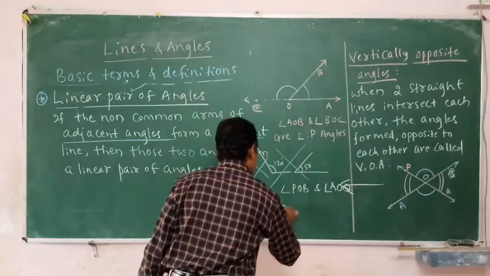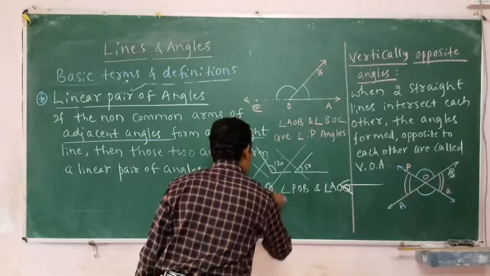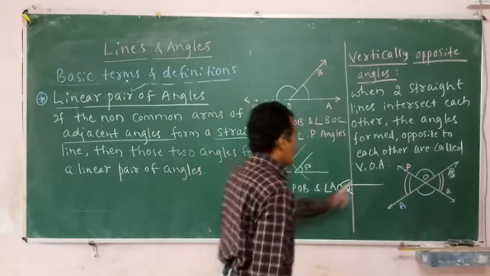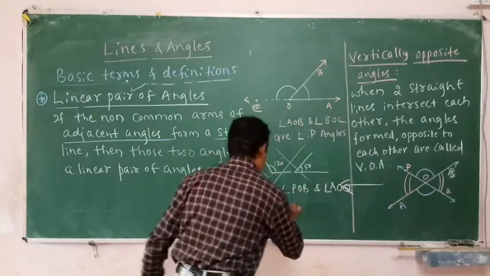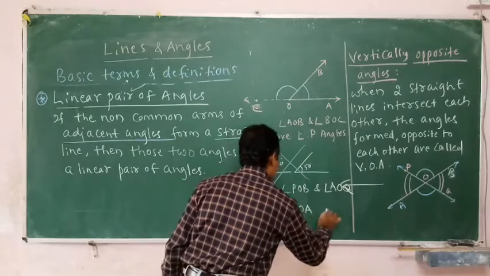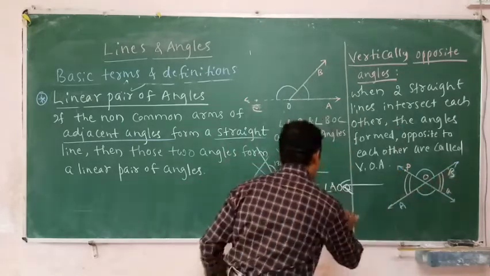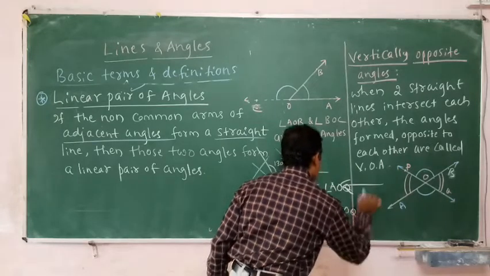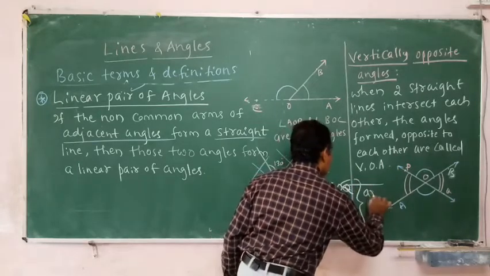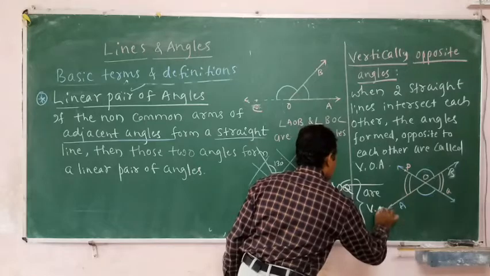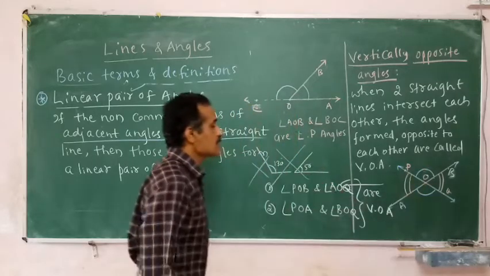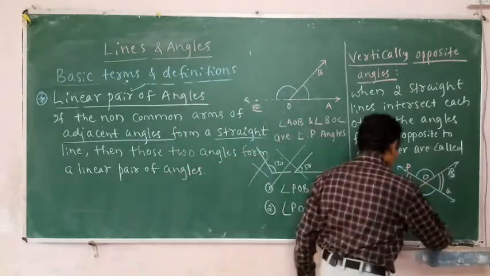This is the first, this is the second. Angle POA and angle BOQ are vertically opposite angles. Okay. I can add one more thing.